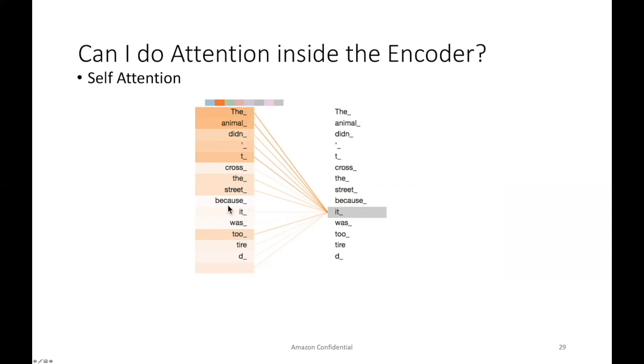Then once you have run it on the input words, you apply a self-attention layer, and the self-attention layer will update the input words themselves. For example, this word will be updated by taking into account what words it depends on, what words it needs to look at. So the self-attention block will update the hidden state of it and every other word in the overall sequence by looking at what it depends on and computing the self-attention matrix.